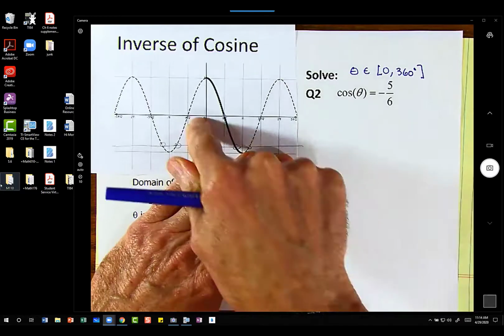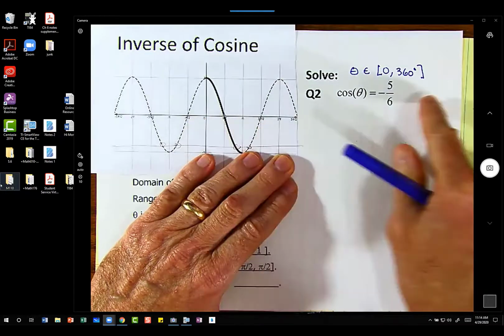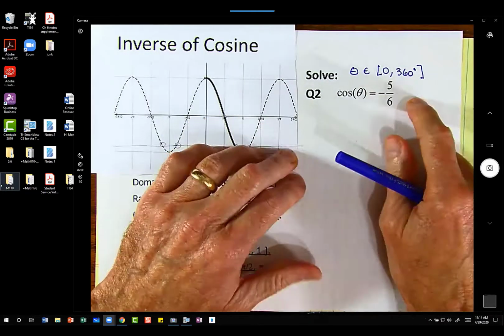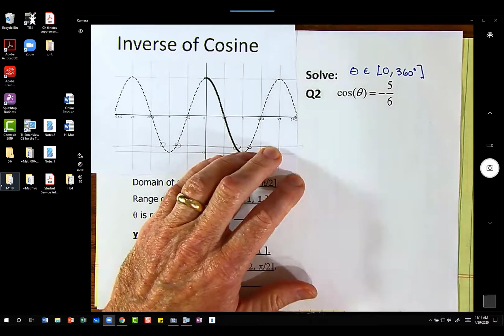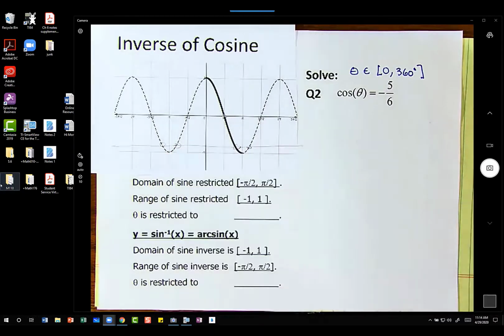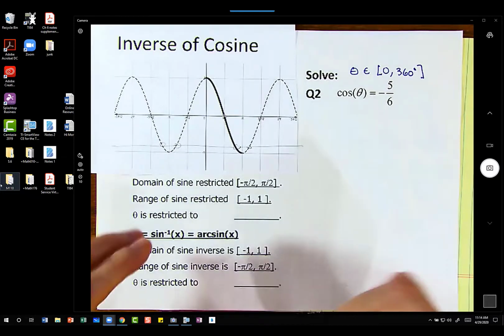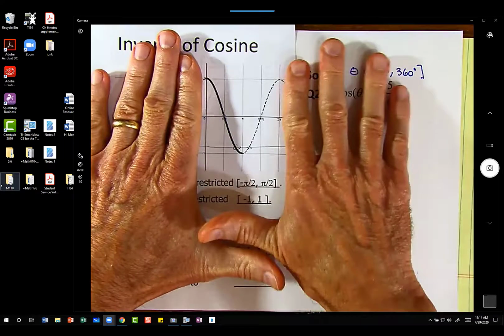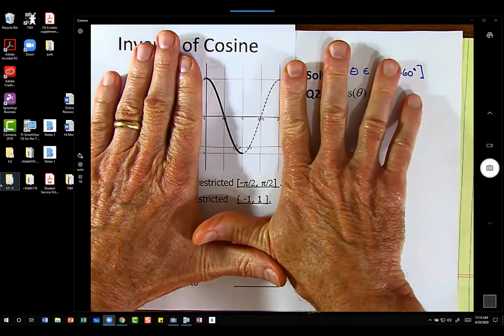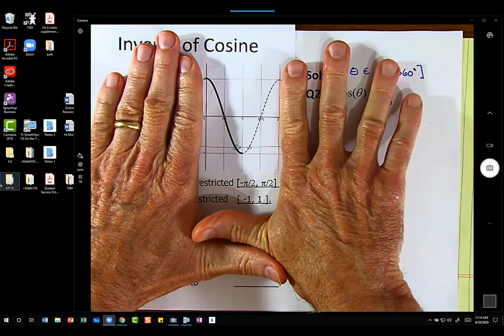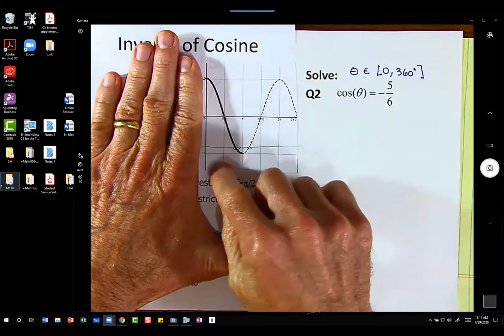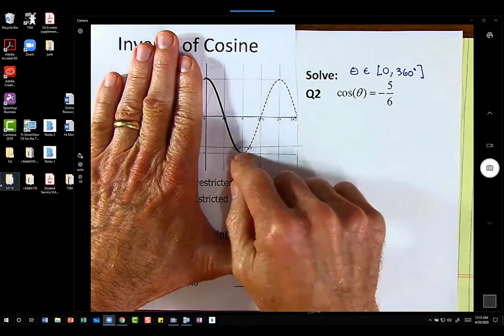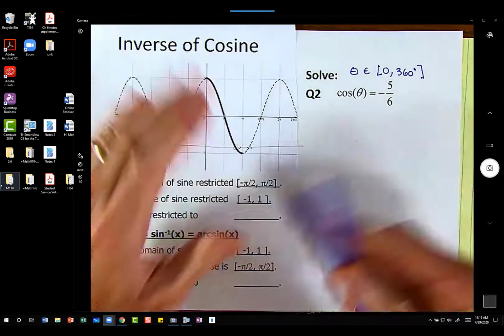Now, the picture is in terms of pi, but let's do degrees first until we get more comfortable or more used to this. Okay, now we can visualize on 0 to 360, then we're only looking at that. And how many solutions are there from 0 to 2 pi or 0 to 360? There's only 2 answers. But the inverse cosine can only find one of them.